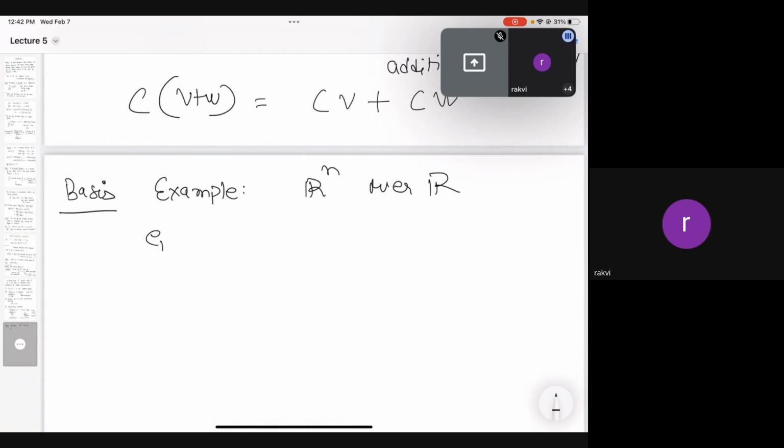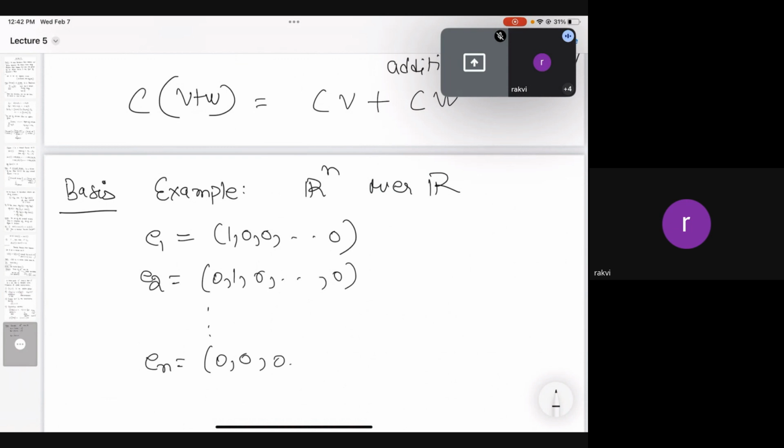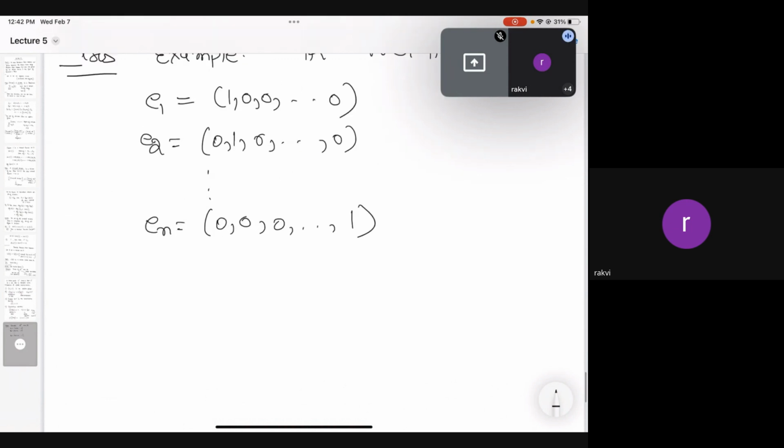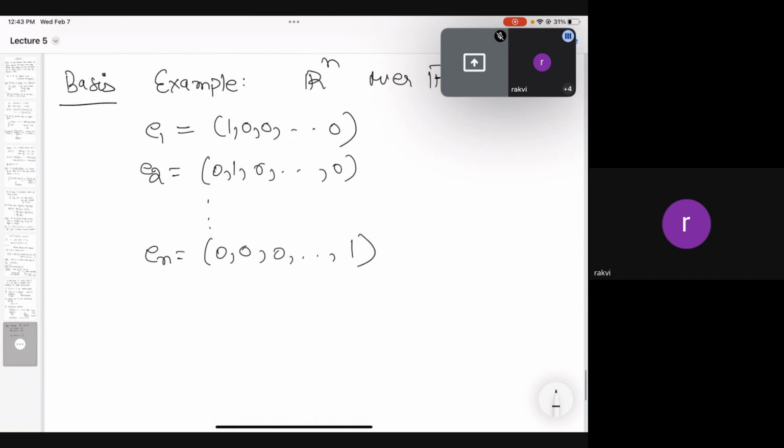For example, if I take e1 to be (1, 0, 0), e2 to be (0, 1, 0), and similarly I keep on going and take these n coordinate vectors, then what is nice is that any vector in R^n, let's say (x1, x2, ..., xn), can be written as a linear combination of these ei's.